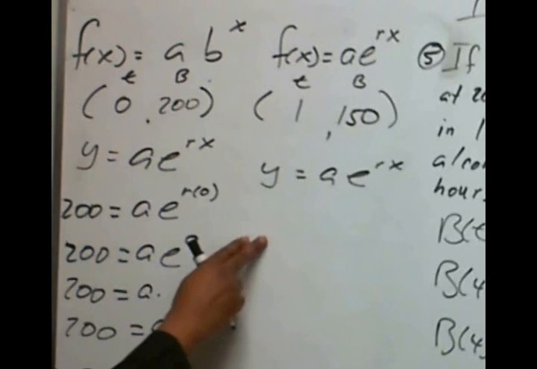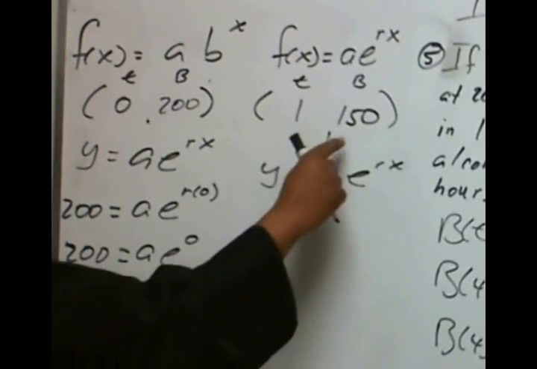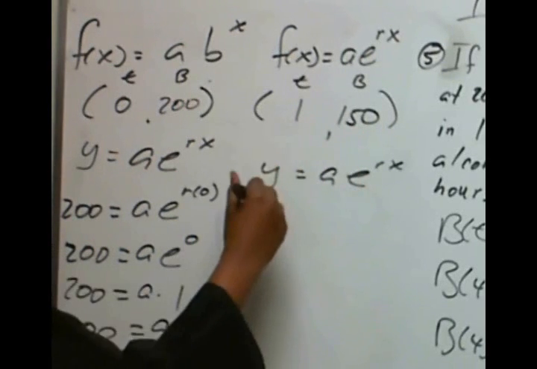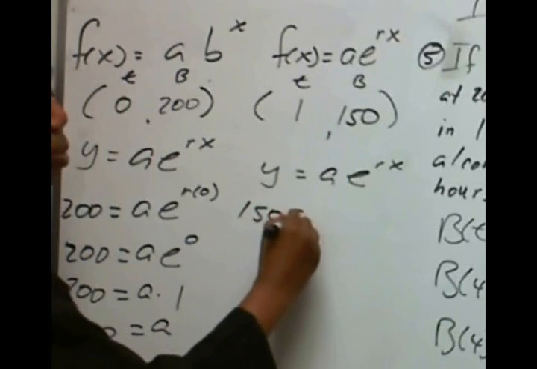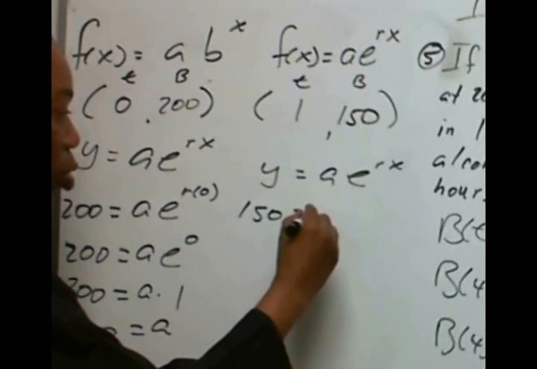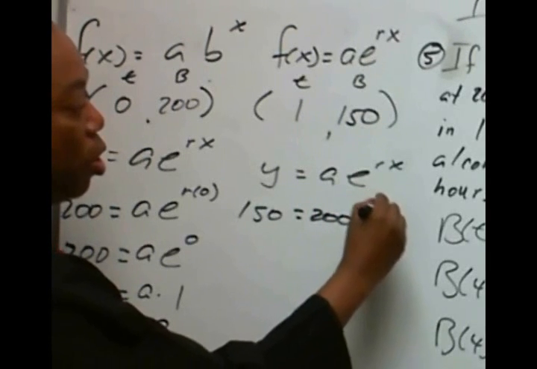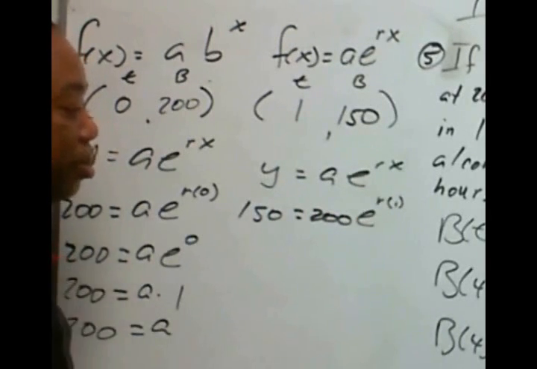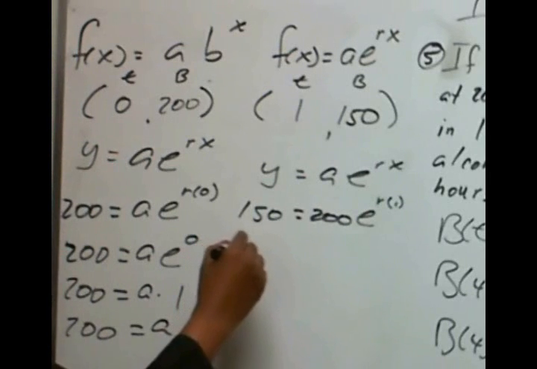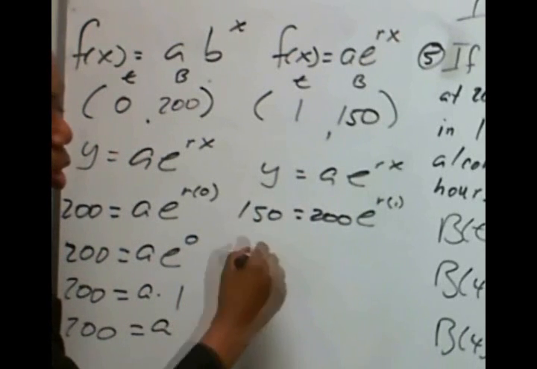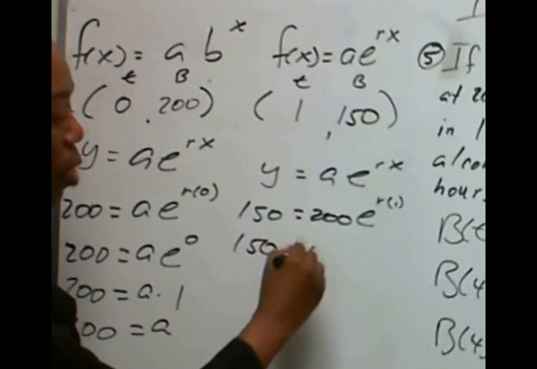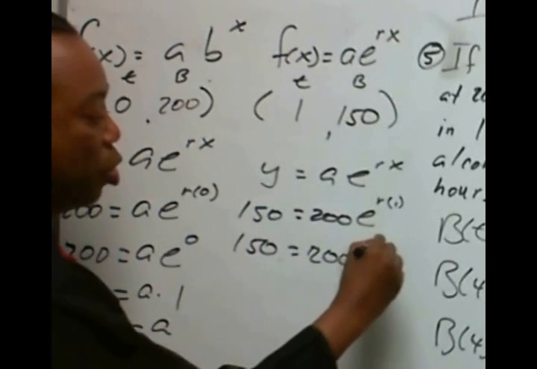Then over here, we're going to put a in for 200, this for y, this for x. So 150 equals 200 e to the power of r times 1. Okay, so 150 equals 200 e to the r.